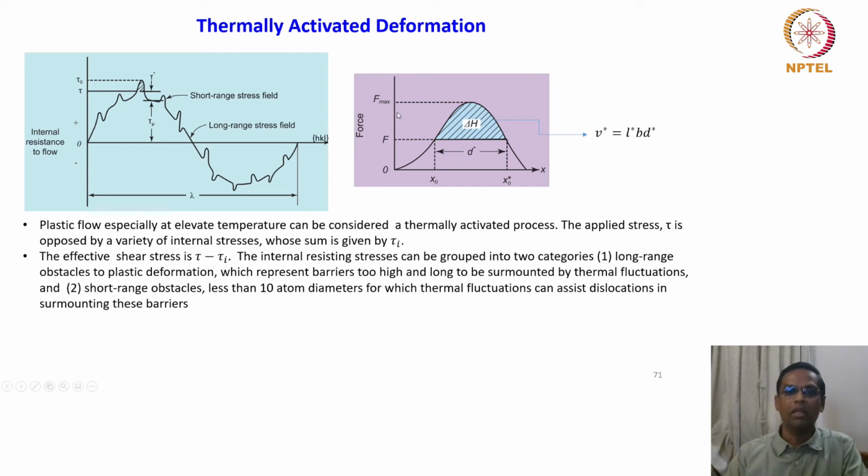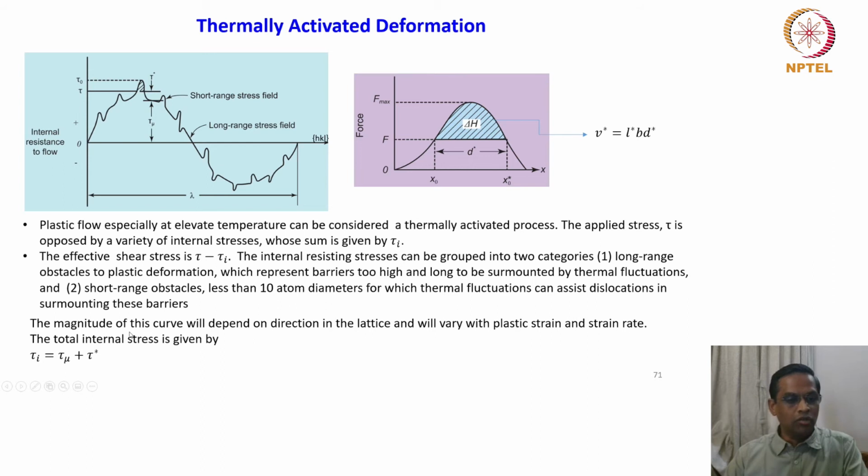Exactly the same plot we have already seen when we looked at the thermally activated process, but we are now addressing the mechanisms in terms of high temperature deformation and connecting this with the dislocation substructure. That is the only difference. Rest all is the same. The magnitude of this curve will depend on the direction in the lattice, and will vary with the plastic strain and the strain rate.